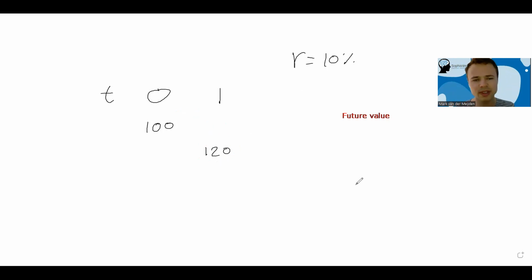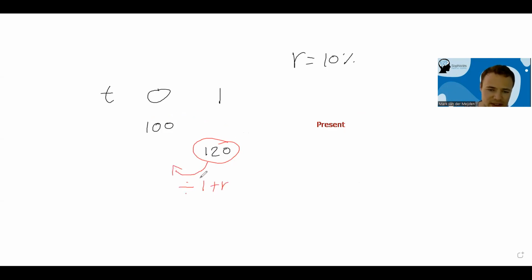You can also use the present value. With the present value, you don't convert this one into the future, but instead you convert this 120 into the present. So you do this one divided by 1 plus the interest rate. Could somebody plug that into his calculator? What would be the present value of this 120?